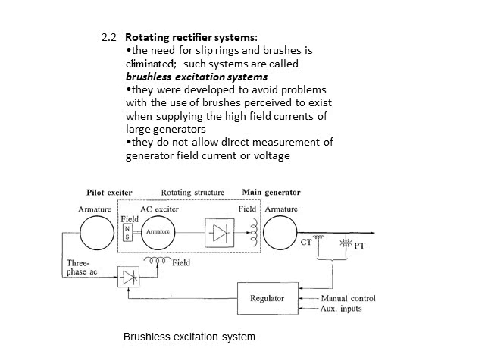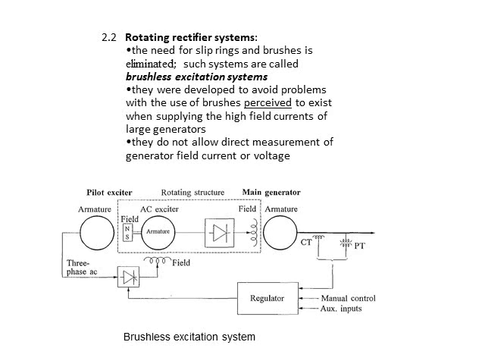There is no need for slip rings and brushes. In other words, they are eliminated. Such a system is called a brushless excitation system because it does not have slip rings and it does not have brushes. They were developed to avoid problems perceived to exist with the use of brushes when supplying the high field currents of large generators.